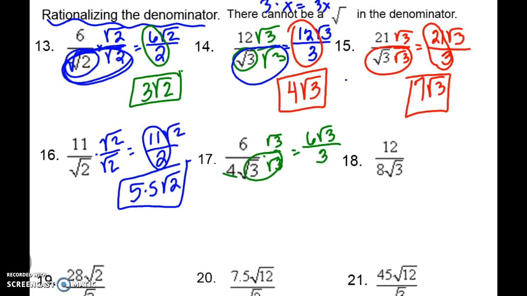But then here is where I'm going to worry about that 4. I still have a 4 right under here. What's 4 times 3? 12. So now I have 6 square roots of 3 over 12. Now can I reduce this? Well, it's 1/2, right? 1/2. So my answer is 1/2 with a square root of 3 on the top.